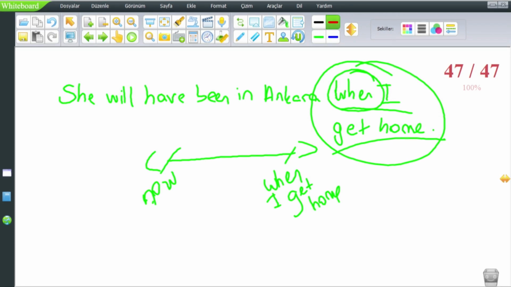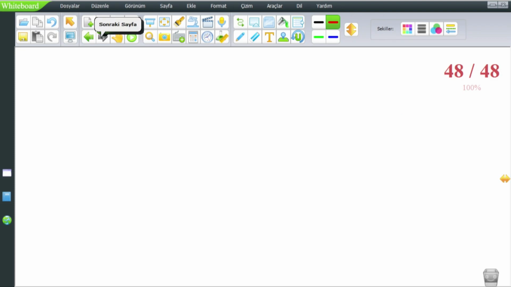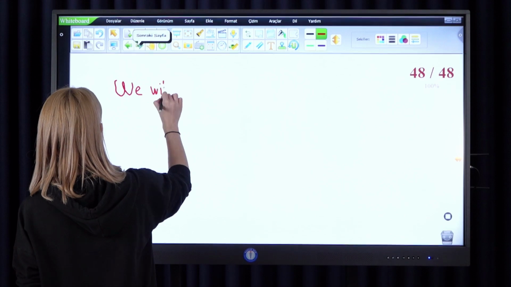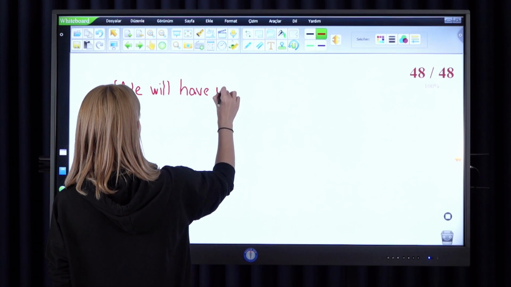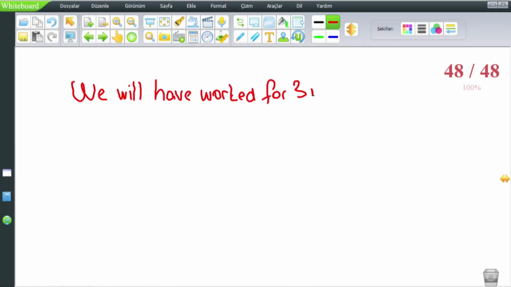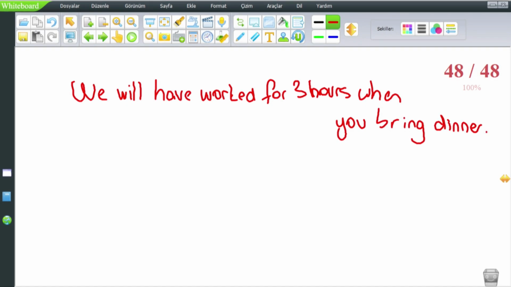And somewhere here, we don't know again exactly when it will happen, but she will have been in Ankara. We will have worked for 3 hours when you bring dinner.